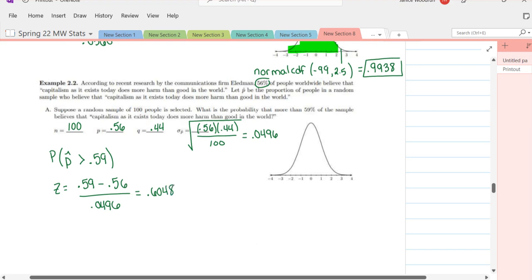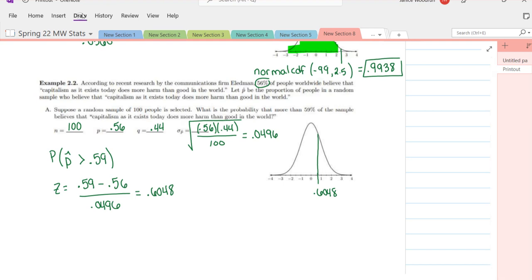Okay, so we have our z-score. Next, we will put it on the curve. So it's just slightly past 0.5, about right here. And we want greater than, so I'm going to highlight to the right.